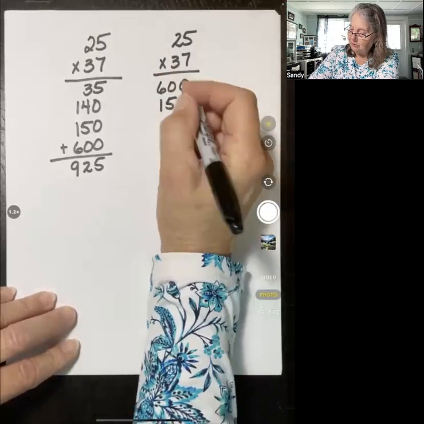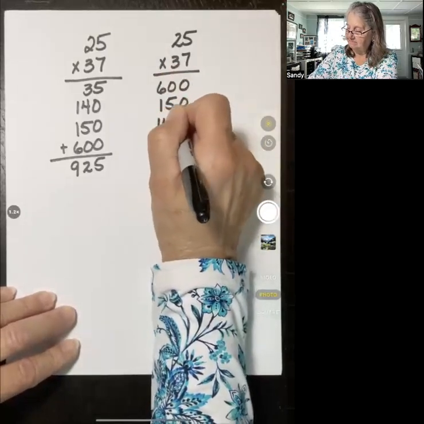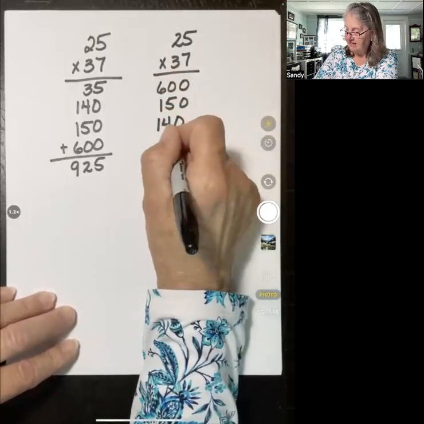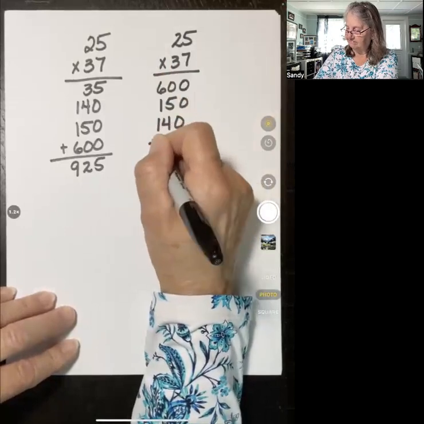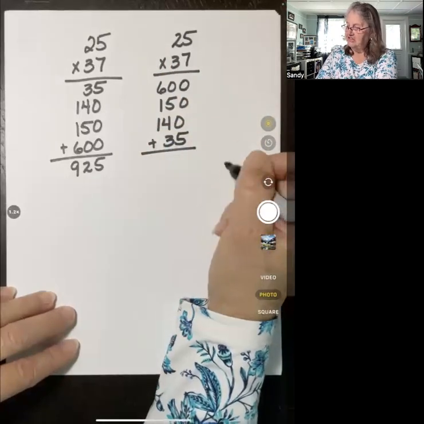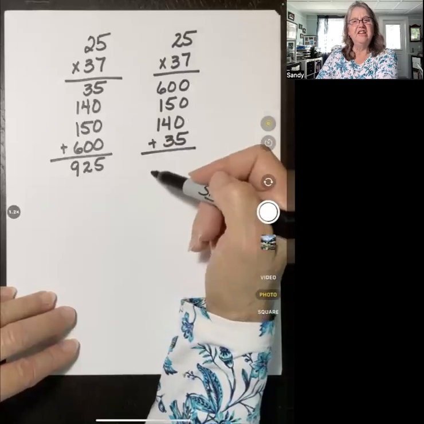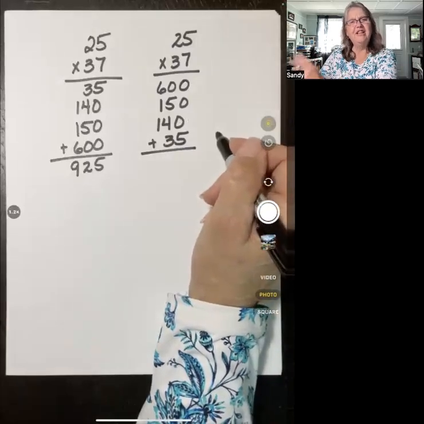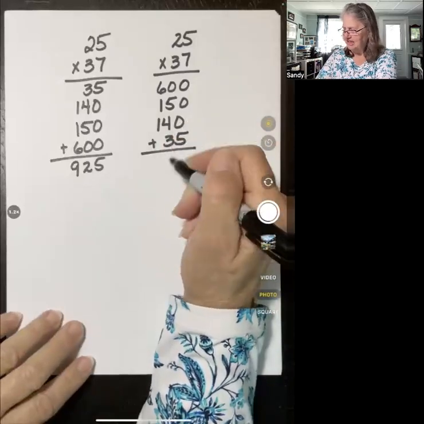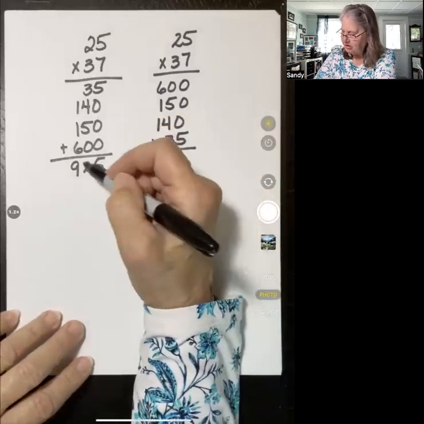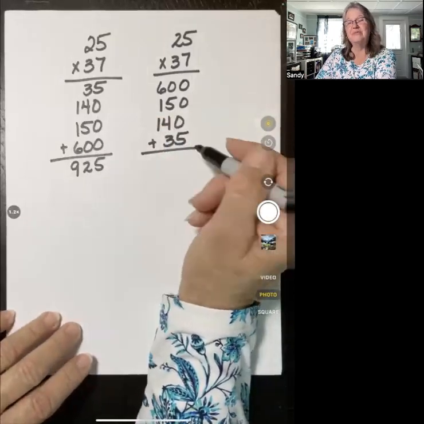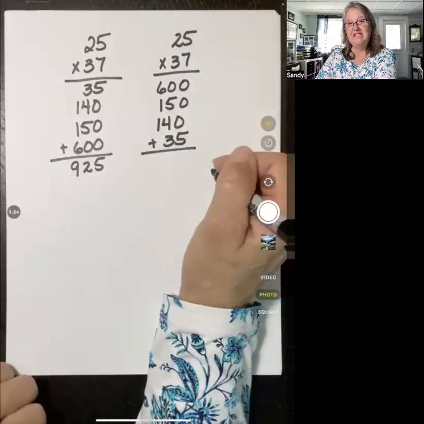I have 7 20s. And I have 7 5s. You see, addition is commutative. I can do it in any order and I'll get the same total in the end. I can find these partial products in any order. It's just important that I find all of the pieces.